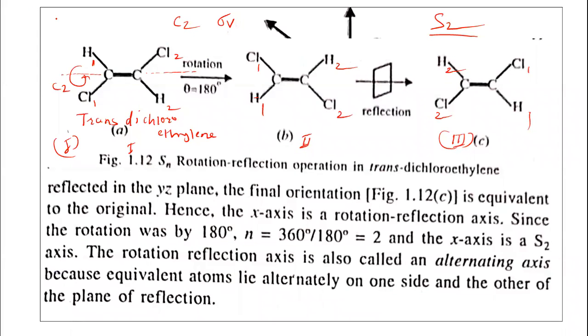So C2 plus sigma V is equal to S2. This molecule has the improper rotation axis, also called the rotation-reflection axis or alternating axis.